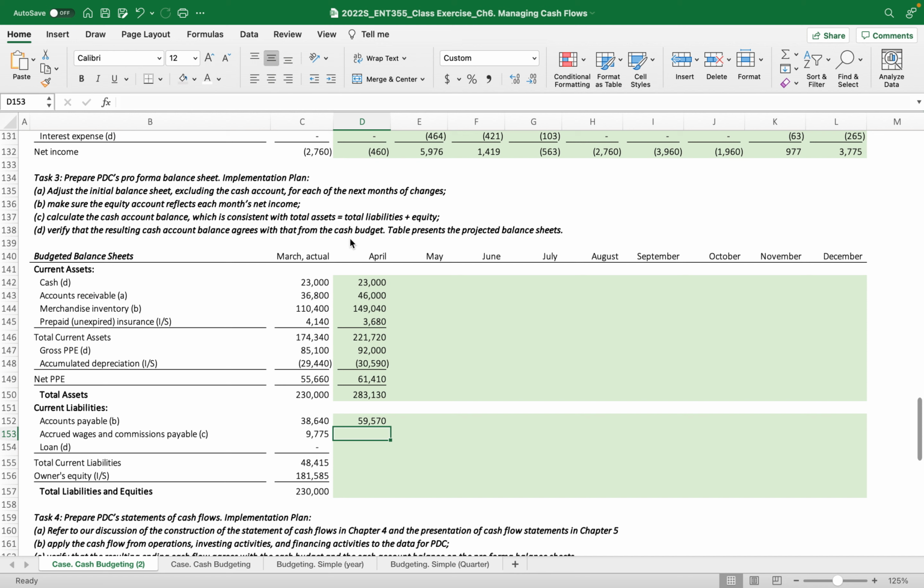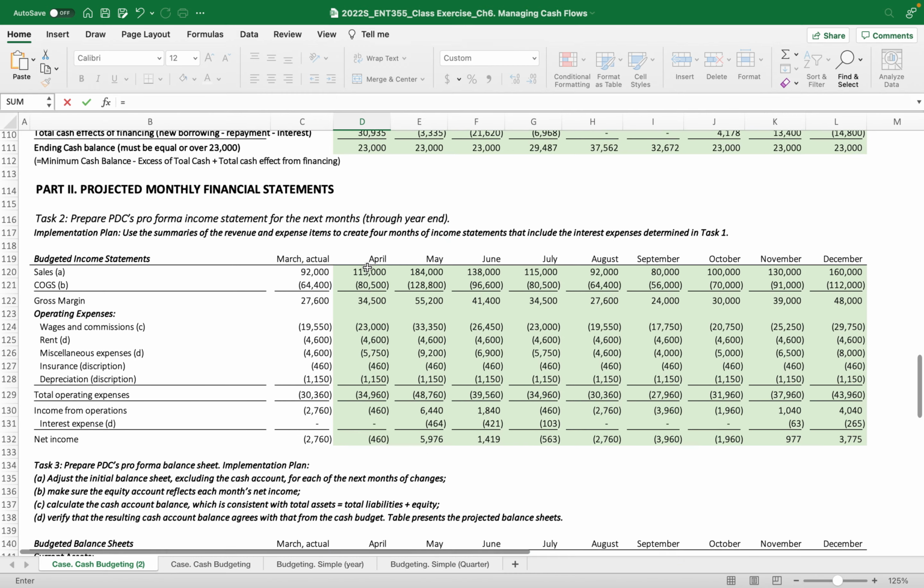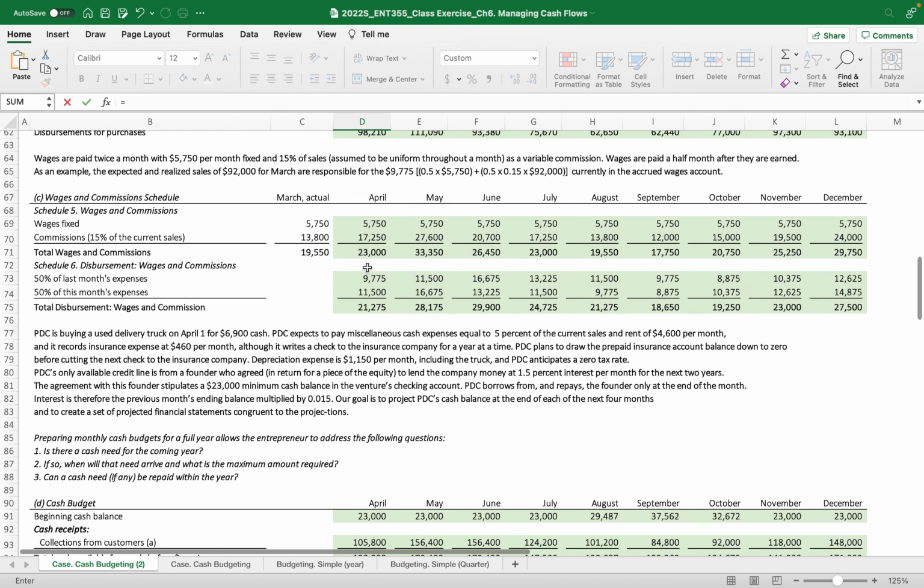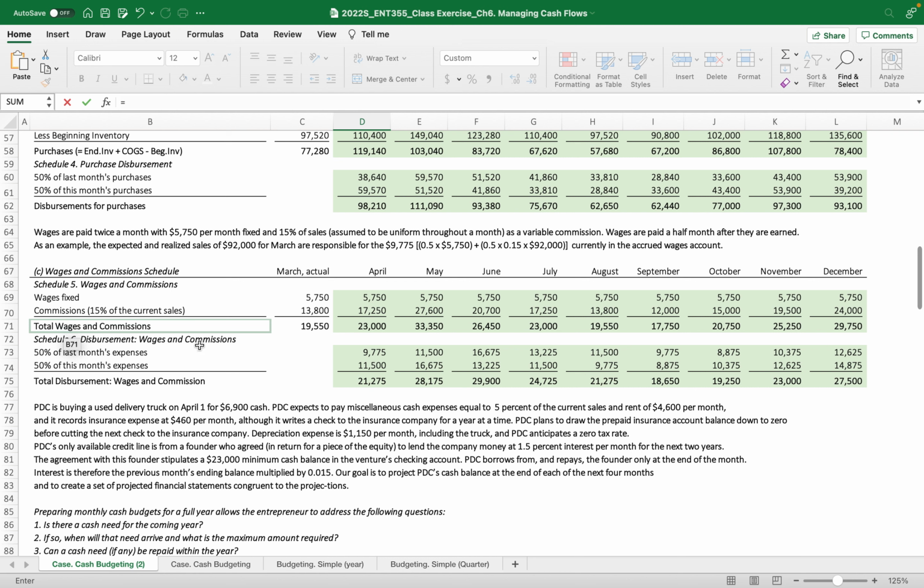Okay, in the same way, accrued wages and commissions payable are on the schedule C. Here you go. How much is the total wages and commissions? Again, out of the total wages and commissions, the company pays, right, 50% of this expense.